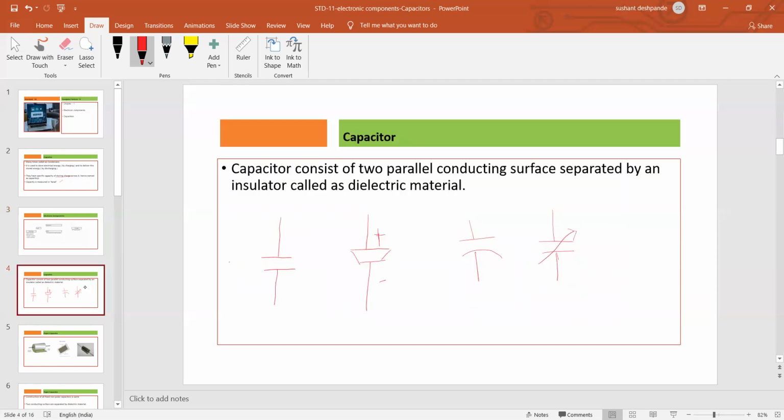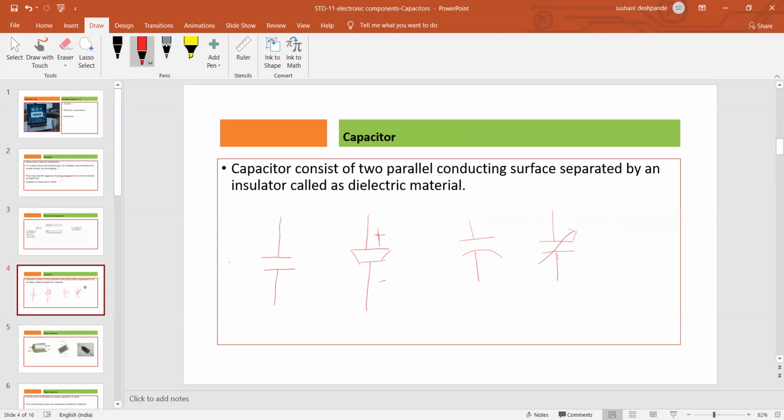A capacitor consists of two parallel conducting surfaces separated by an insulator called dielectric material. So this is the symbol of a capacitor. If you see, it shows the two parallel conducting surfaces separated by an insulator. This insulator material is called dielectric material.